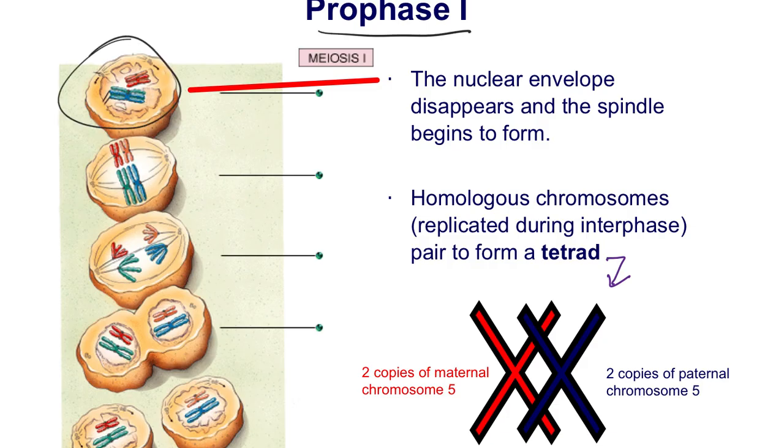It's not a very good picture. The homologous chromosomes get close to each other and they touch each other and they exchange pieces of each other.